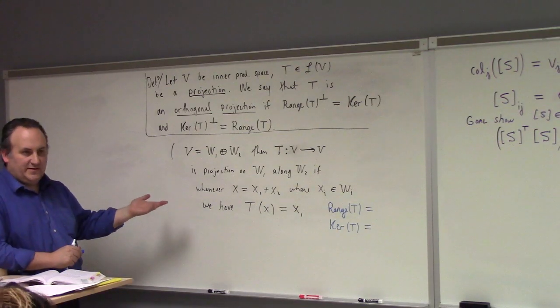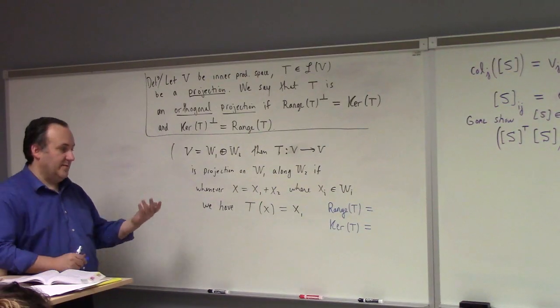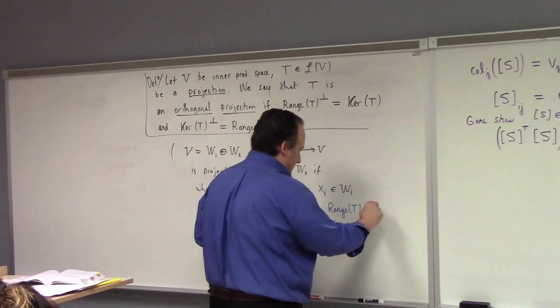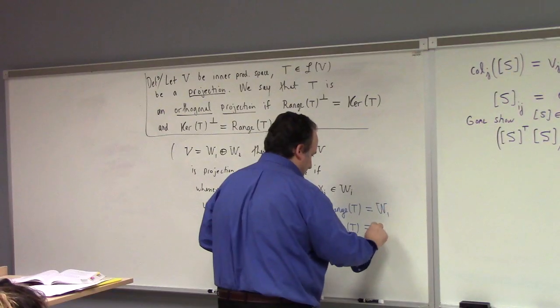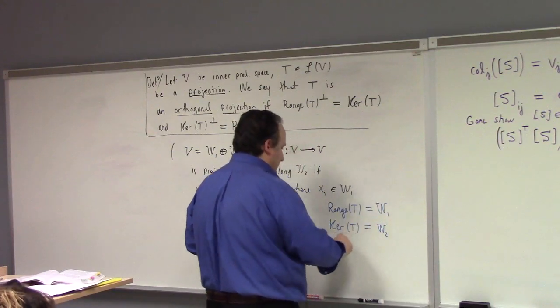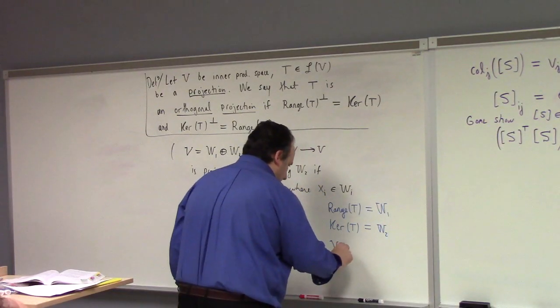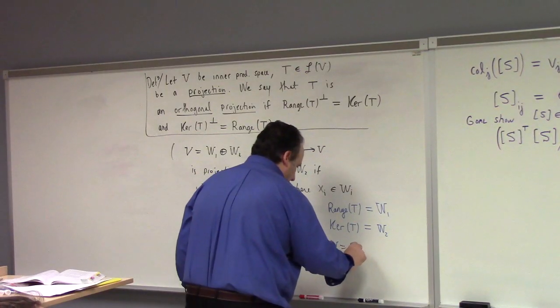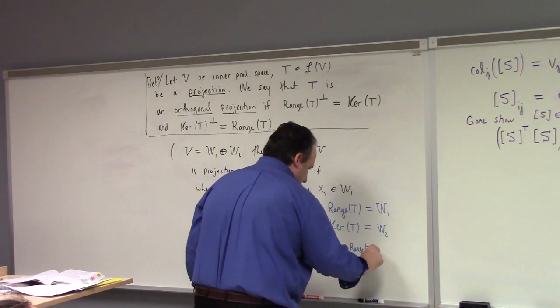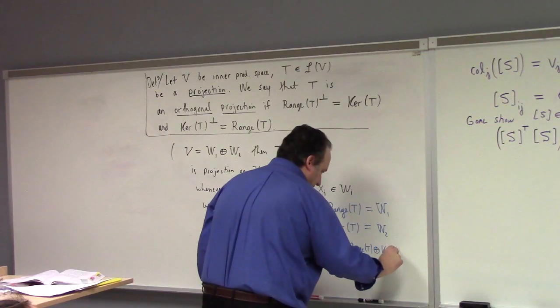It's outputting x1, right? Is it just W1? W1 and W2, right? So you see that V is equal to the range of T direct sum the kernel of T.